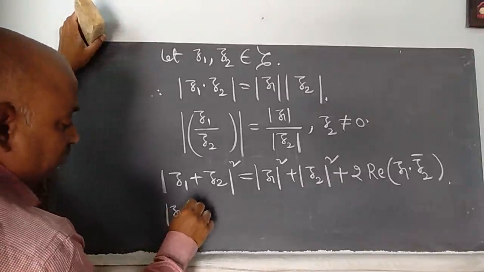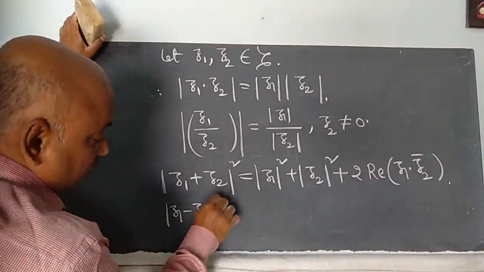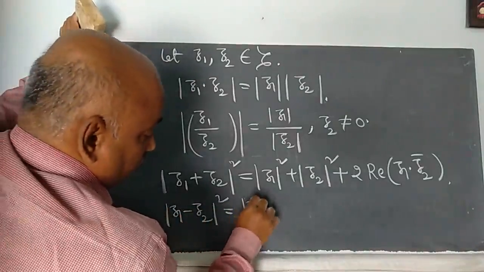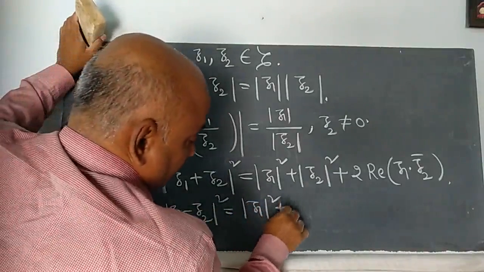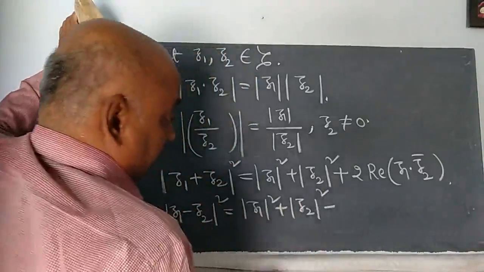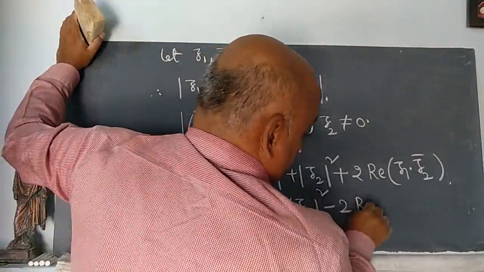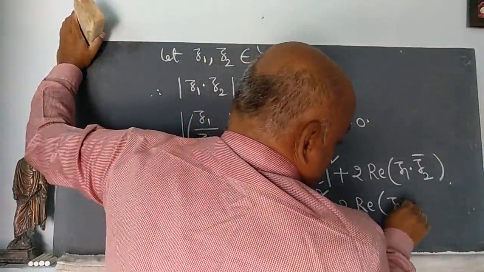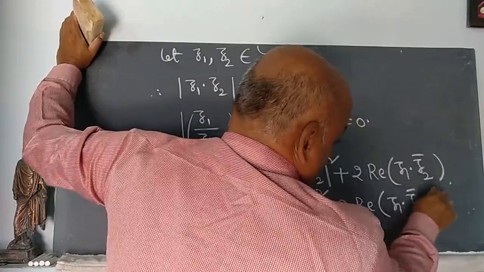Mod z1 minus z2 whole square is equal to mod z1 square plus mod z2 square minus 2 into real part of z1 z2 bar.